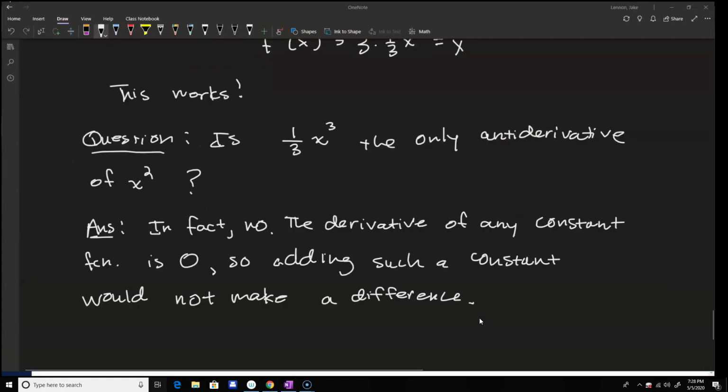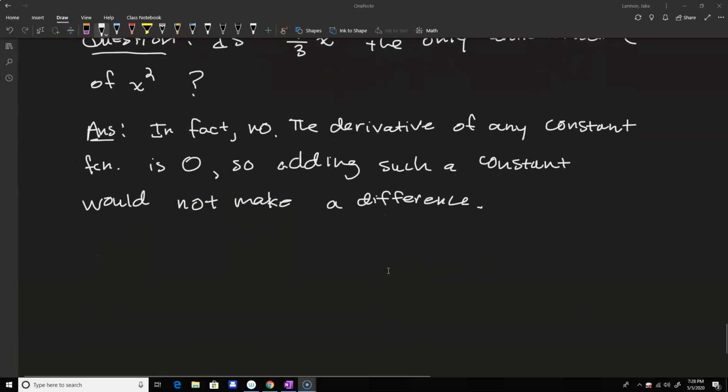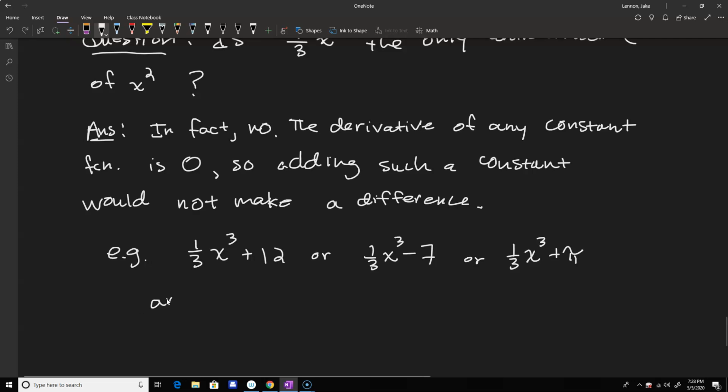For example, 1/3 x cubed plus 12, or 1/3 x cubed minus 7, or even 1/3 x cubed plus pi are all antiderivatives of x squared.